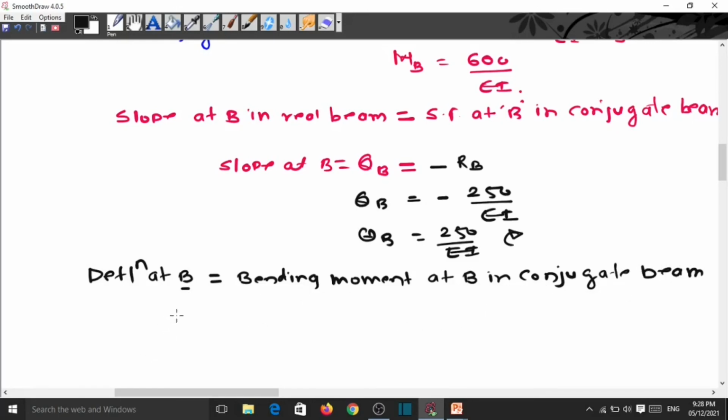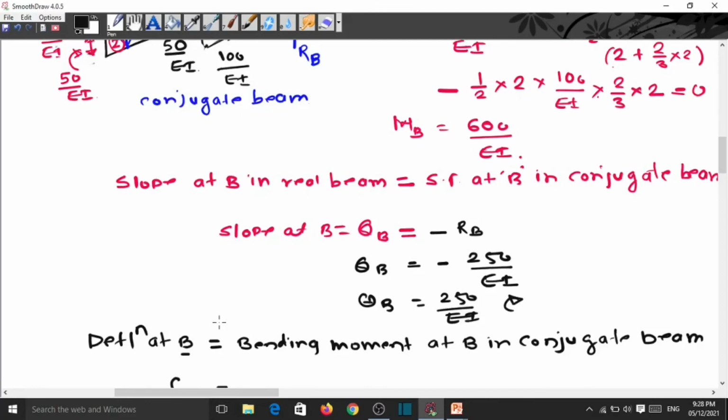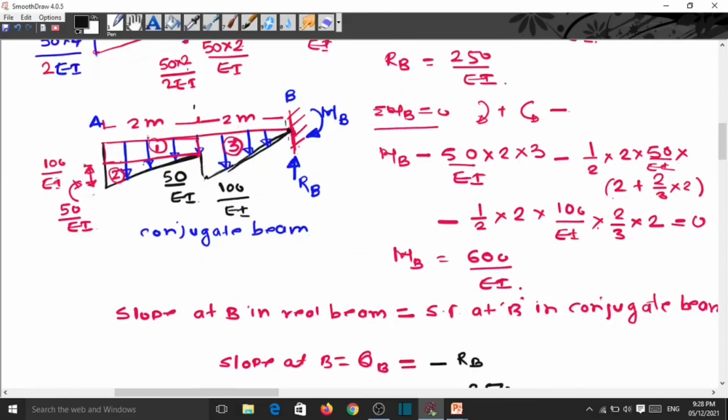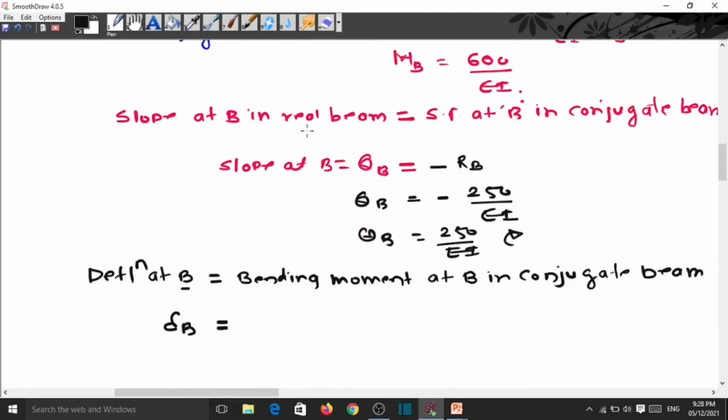So we can say delta B is equal to the bending moment at B, that is MB, and this creates a hogging bending moment, so that is why it is minus MB.